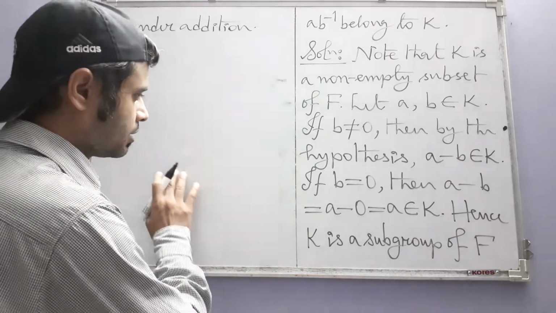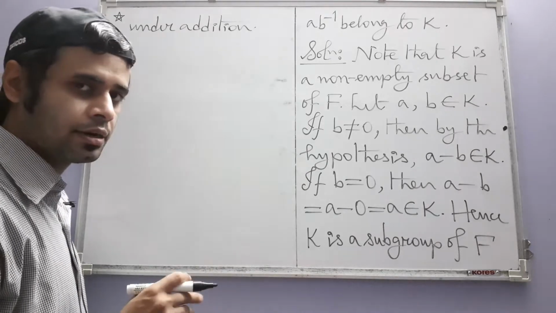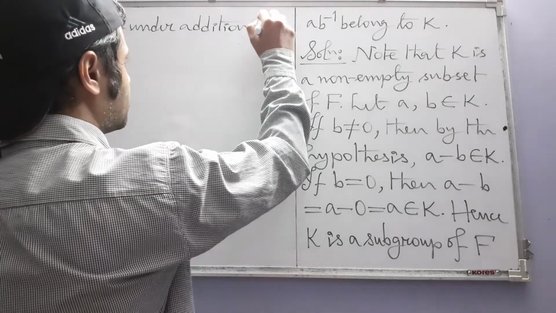Now this is where that hypothesis will come into play fully, that K has at least two elements.